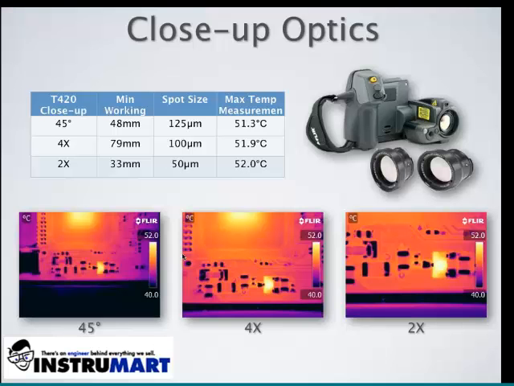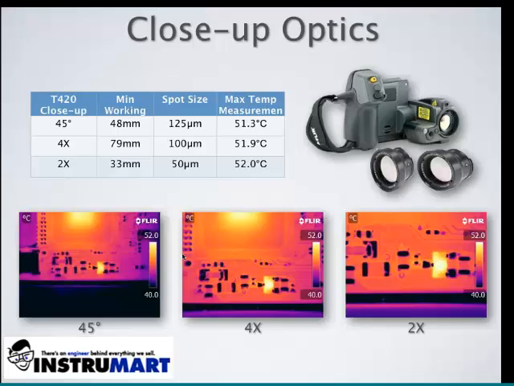You can see that the spot sizes vary dramatically for these lenses, and typically with close-up optics, your spot size ratio is set or locked at a given distance. And only at that distance can you measure with the camera.